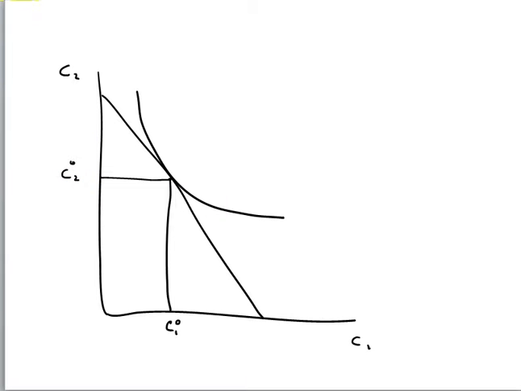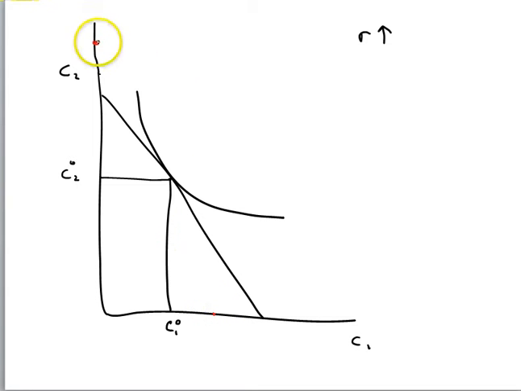Now let's say that interest rates increase for this particular consumer. Now what's going to happen with an interest rate increase is that if you are a saver, your maximum amount you can consume increases, and if you are a borrower, the maximum amount you can save decreases.